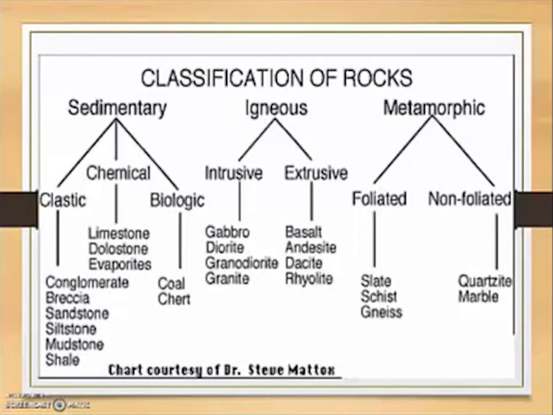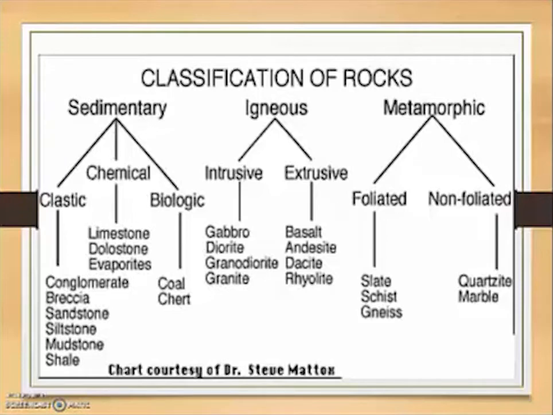Okay, this slide shows the classification of rocks. As you can see, sedimentary rocks are divided into three parts, which are clastic, chemical and biologic. In every part there are a lot of examples of types, such as conglomerate, breccia, sandstone, siltstone, mudstone, and shale, which are categorized as clastic sedimentary.